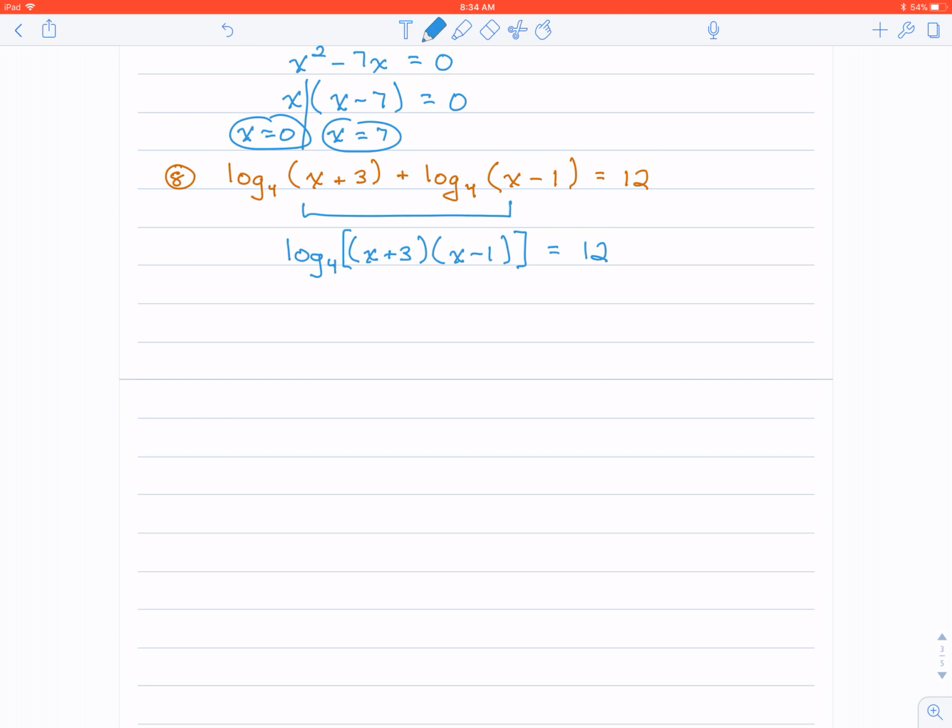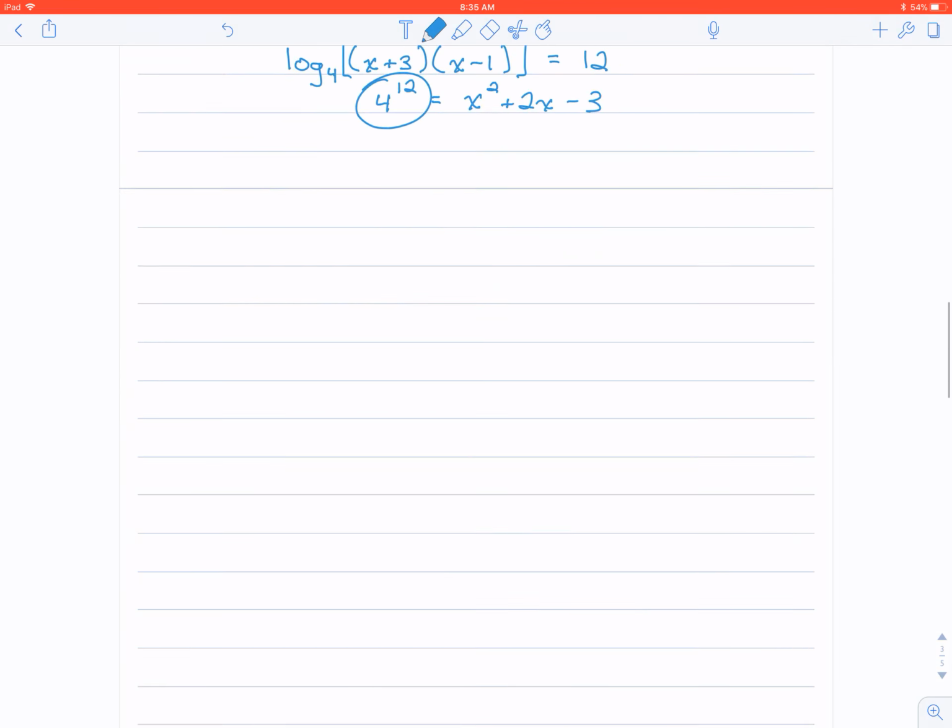And so we would get 4 to the 12th equals, and then multiply it out, x squared plus 3x minus x is plus 2x, and then minus 3, except that 4 to the 12th is going to be humongous, and it won't fit nicely. So I guess we could do it, but that's the idea behind this type of problem. When you see it, that's what they want you to do. So sorry about that. I'll have to show you further when I come back.